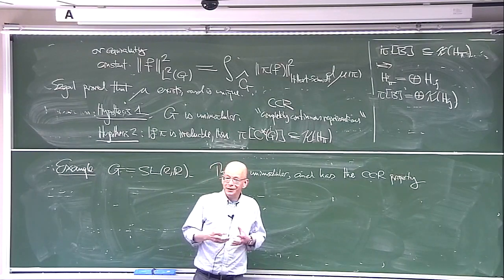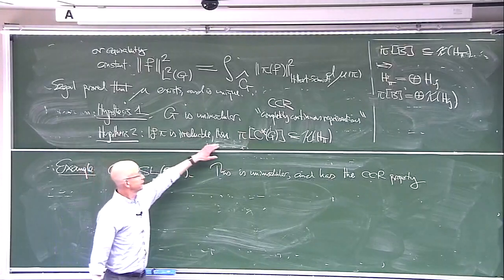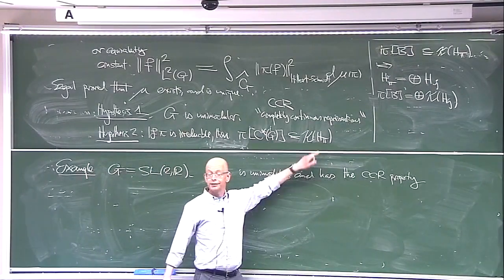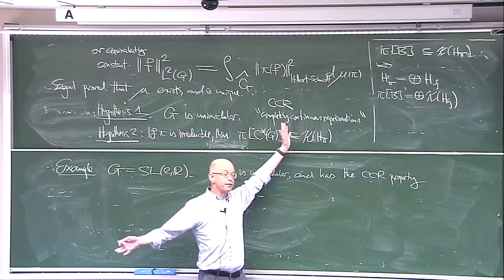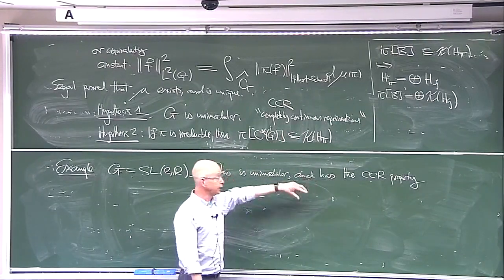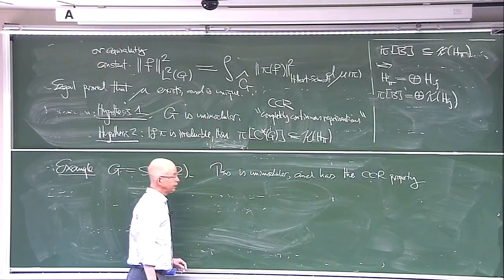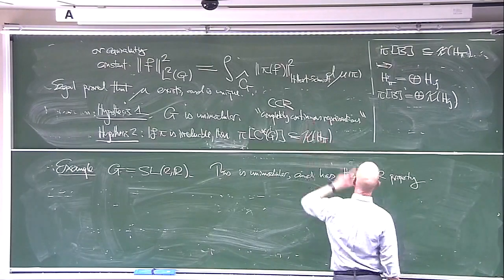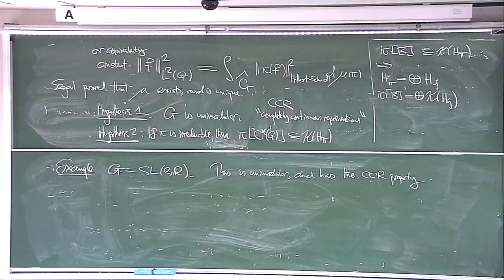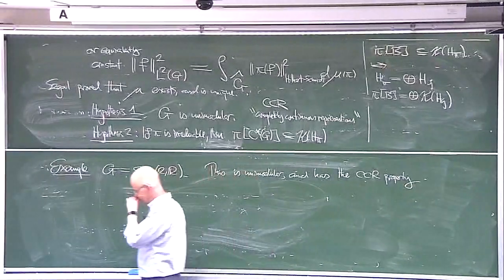How could you ever prove this for a particular group? In fact, it's not so difficult to check this condition in many cases, including this case here. It looks very abstract. How could you ever do it? In fact, it's not so bad. Anyway, let's just agree that this property holds. And then, on the basis of this, we can discuss the Plancherel formula up there, and also the structure of the C-star algebra. Those two problems are very, very similar.